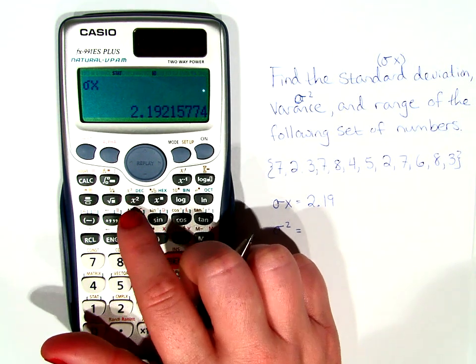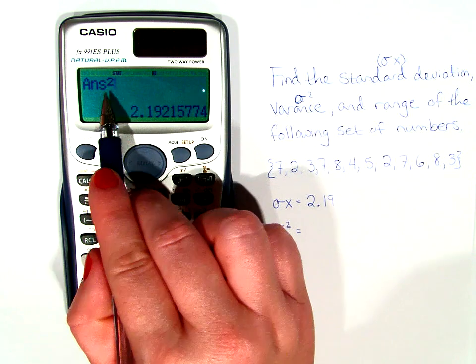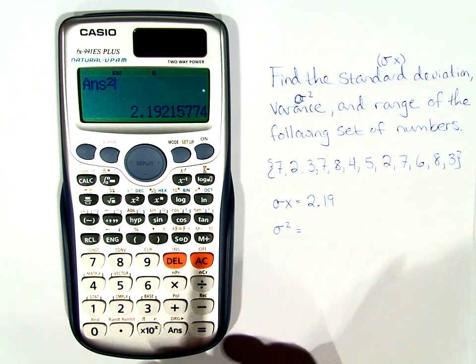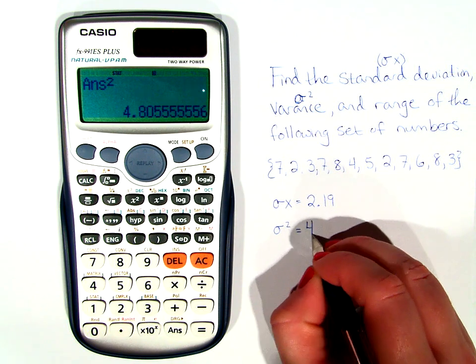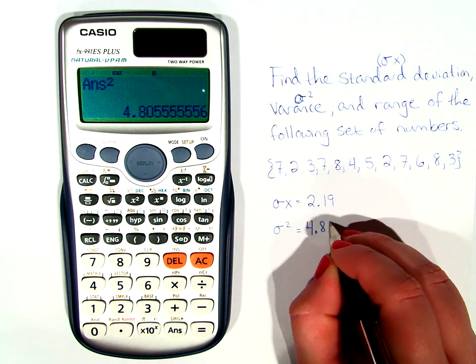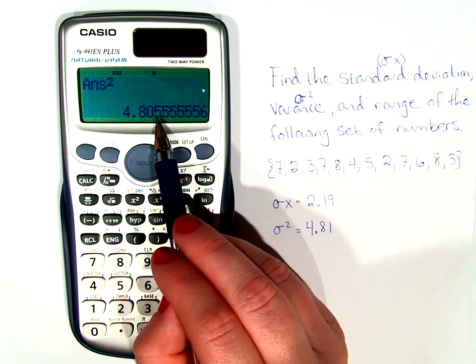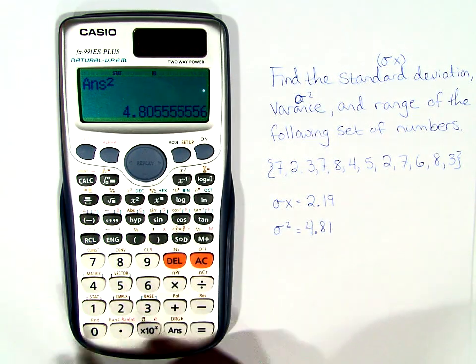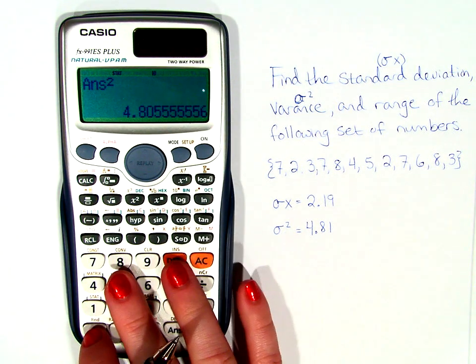This tells the calculator that it wants to take whatever answer we found and square it. So we hit that button and we find that the square is 4.81. We round up the 0 to a 1 because it is followed by a 5. So that's how you find standard deviation and variance using your calculator.